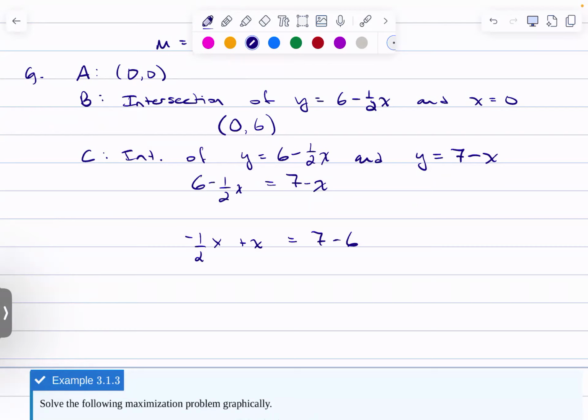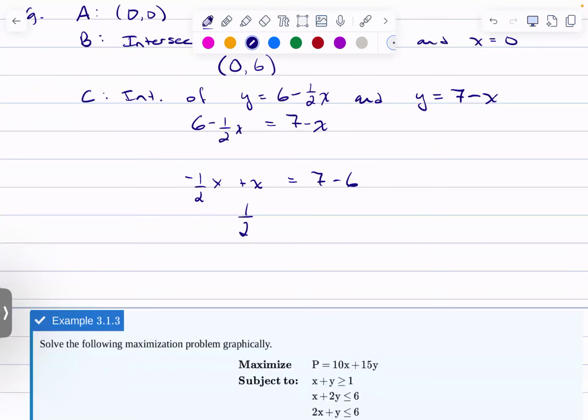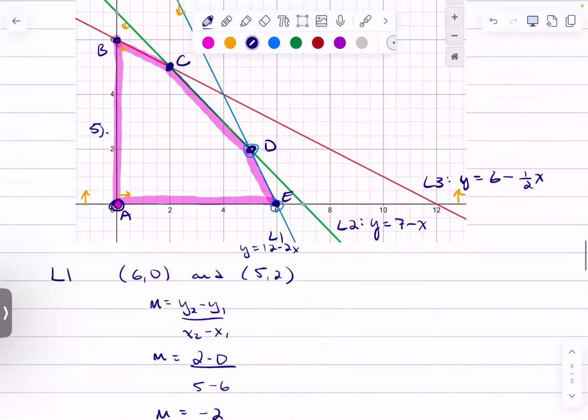Negative 1/2 plus 1 puts me at 1/2. 1/2 x is equal to 1, which means that x must be 2. 2 over 2 is 1. Can confirm it.